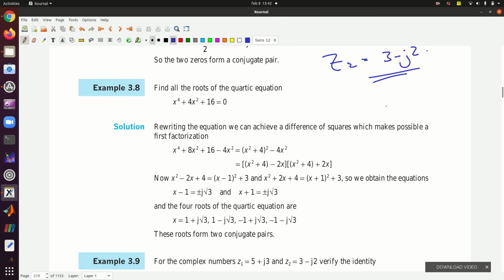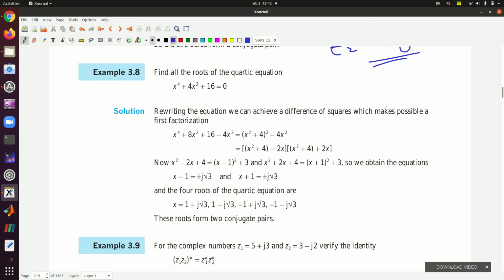Find all the roots of the quartic equation here. So what do they do? You make use of the fact that you can write it as that plus 4x squared plus 16 equals 0. Then maybe you first factorize this one here, and then what do you have?